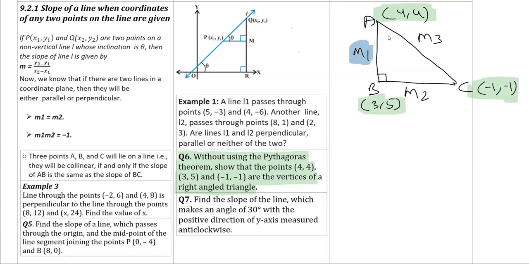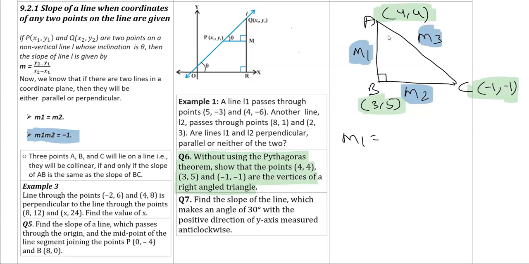We'll calculate M1, M2, and M3, and check in which case we get minus 1. If we get minus 1 in one of these cases, this indicates that one angle is 90 degrees.